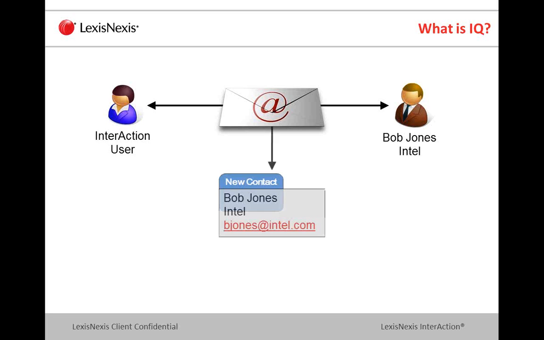The first thing it can do is add new contacts to the InterAction database by scanning emails and identifying potential new contacts. InterAction uses the email addresses to match those mined contacts with existing contacts in InterAction. If there's no match, a new contact can be created.